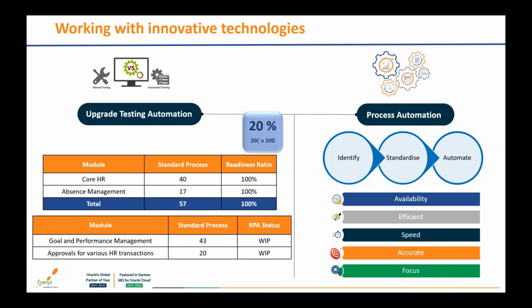But by running with the processes that we've got automated so far, the Centre of Excellence team have reported back a 20% saving on testing time as a result of using RPA between 20C and 20D. Now, that is an extremely conservative figure from my colleagues in the COE team, but it does form a base minimum of what you can achieve.